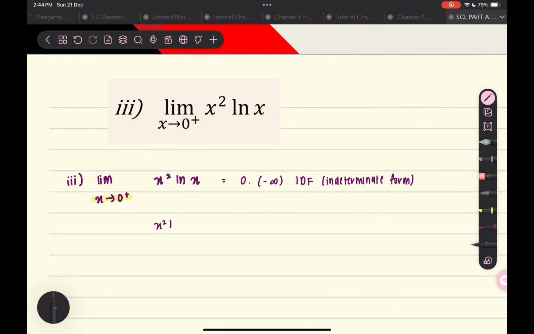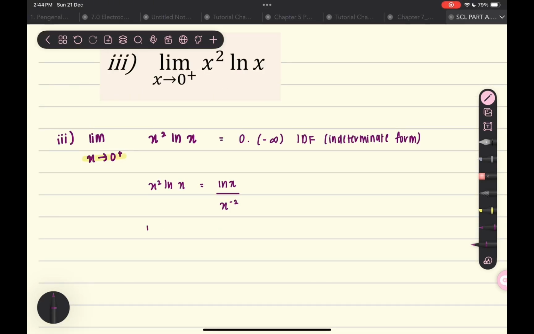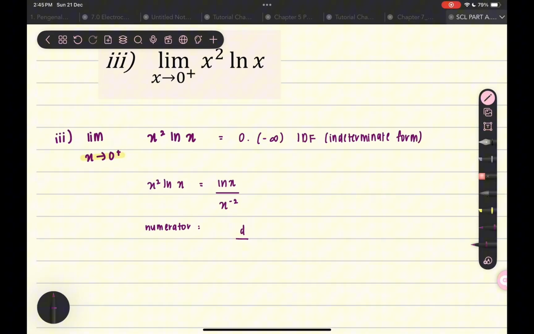So I rewrite it as a fraction. Then I apply L'Hopital's rule by differentiating the numerator and denominator.